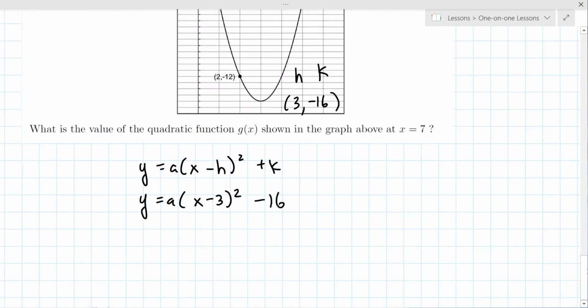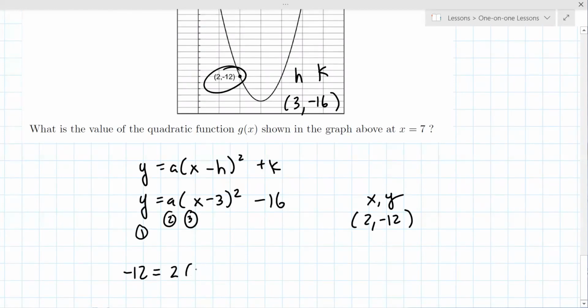So notice though that you still have 1, 2, 3 unknowns. You still have to use this point 2 comma negative 12 as your x and y to get your value of a. So that's negative 12 equals a, 2 minus 3 squared minus 16.